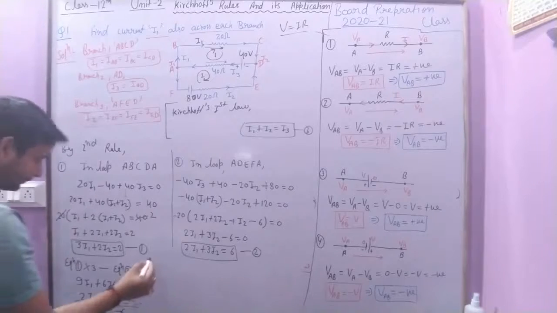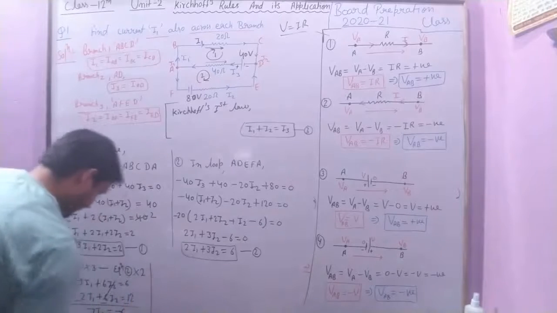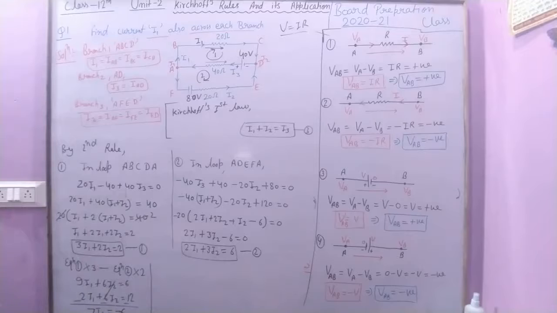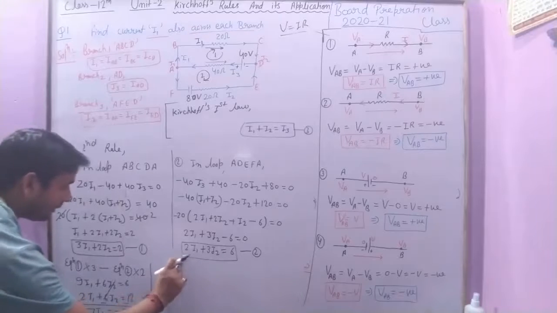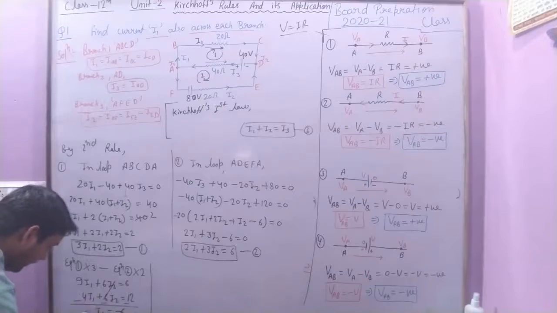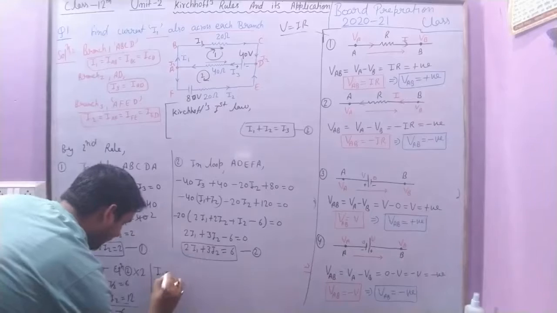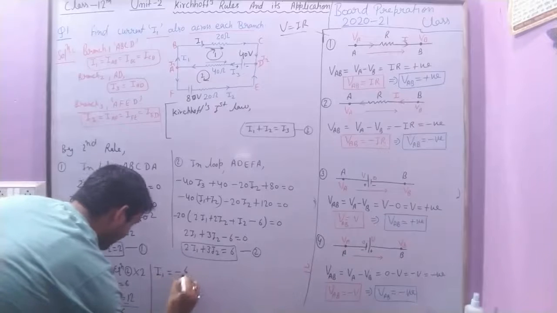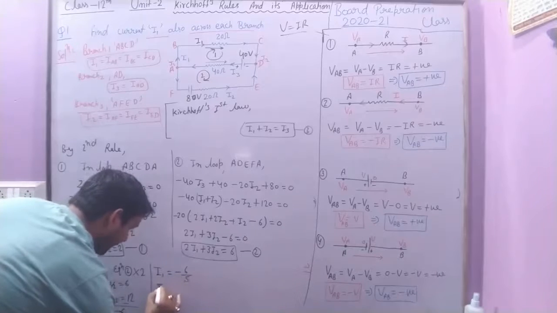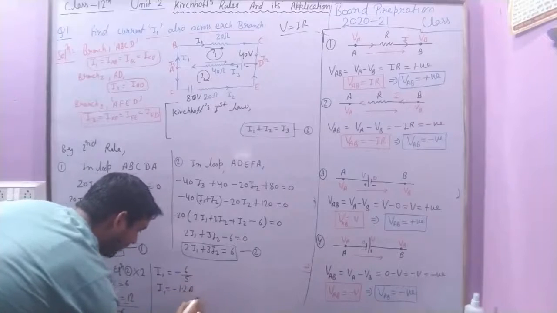Okay, therefore, one minute, here when multiplied by 2 this will become 4, so this will be 5. Okay, so I1 is equal to minus 6 by 5, that is I1 is equal to minus 1.2 ampere.